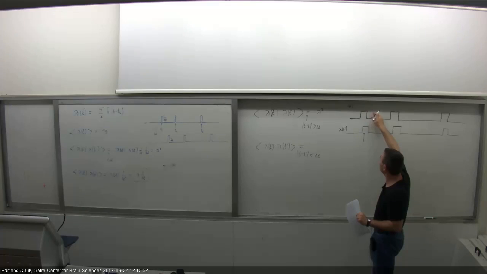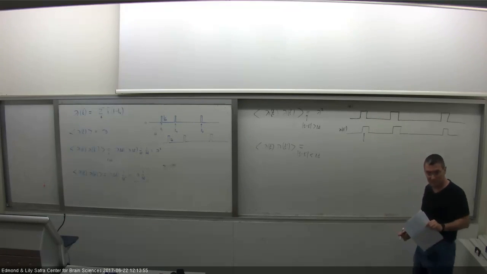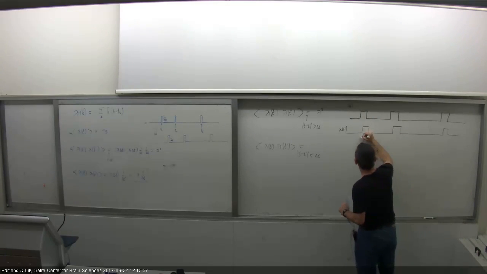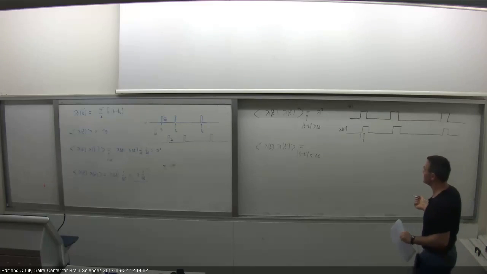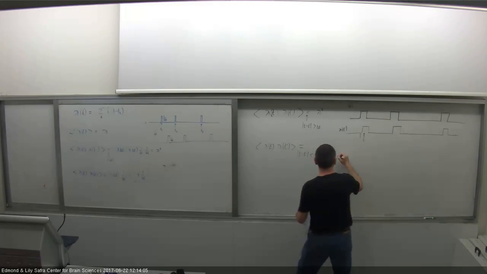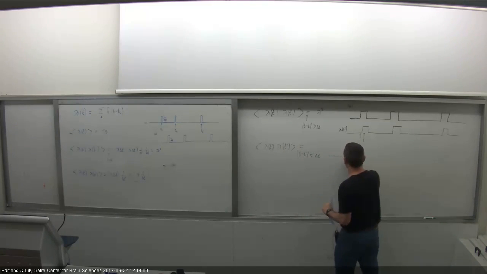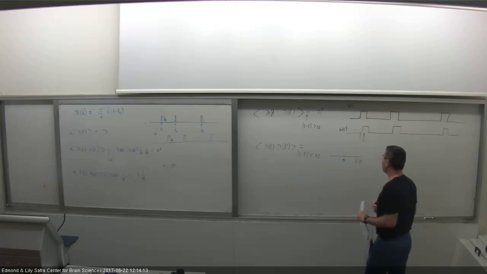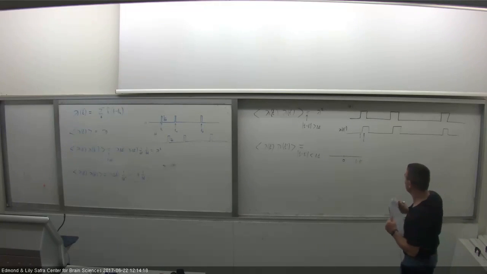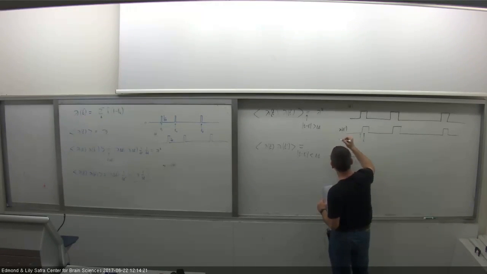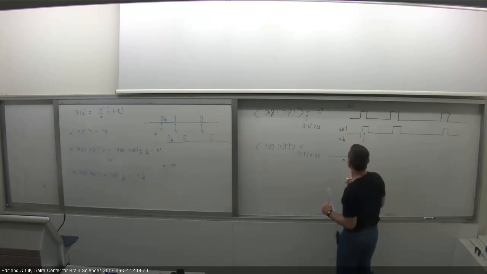So the value would be 1 over delta t. But for other points, there will not be an overlap. So if we look at the correlation function, this would be t minus t prime. So when t minus t prime is equal to 0, what would be the height? The height of this correlation function would be lambda times 1 over delta t.